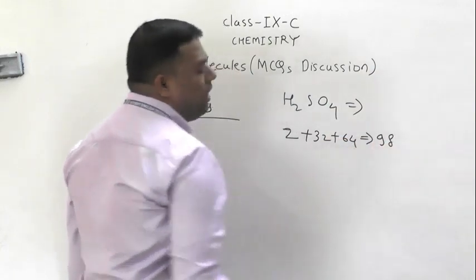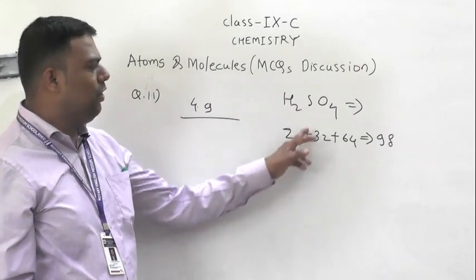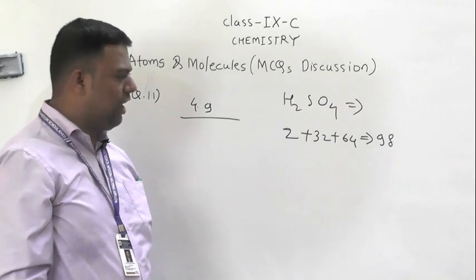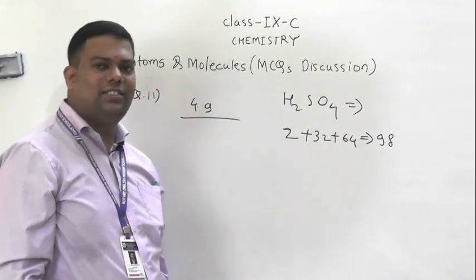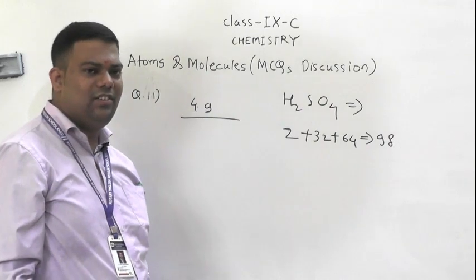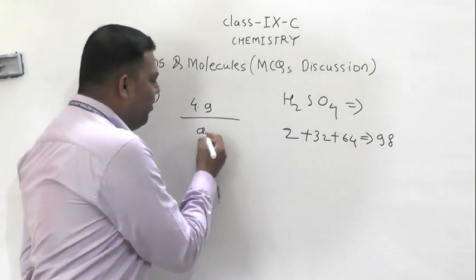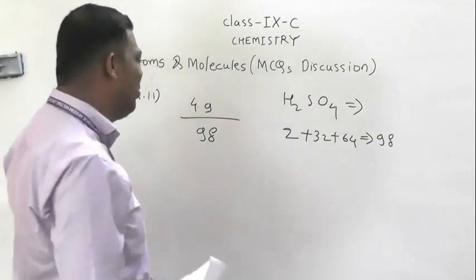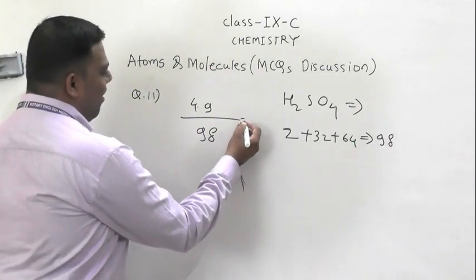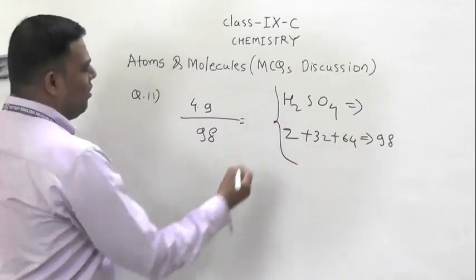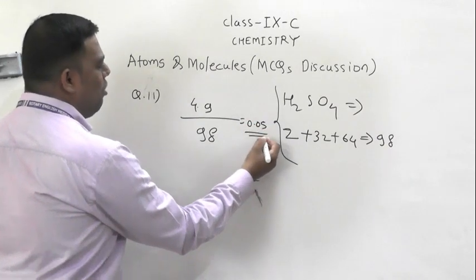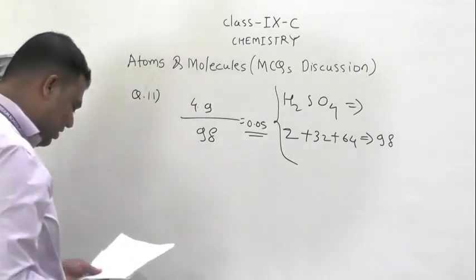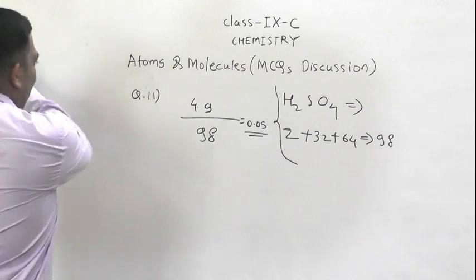Then you get 98. So 4.9 divided by 98. After solving you get 0.05 mole. So like that, simple numericals here.